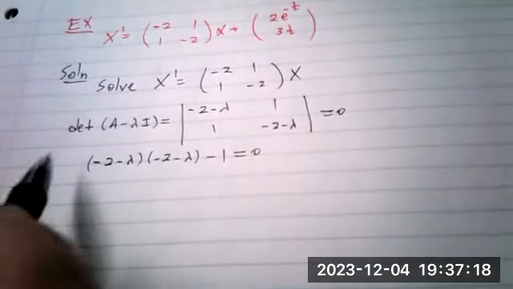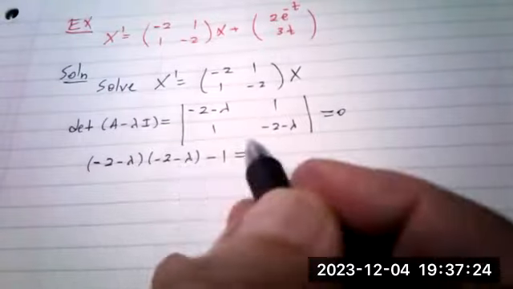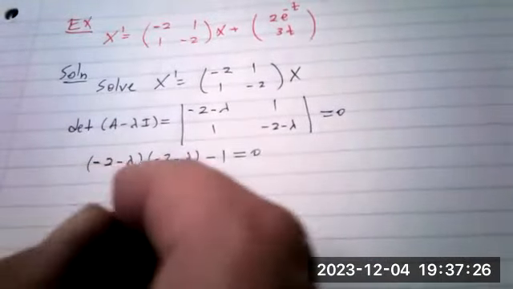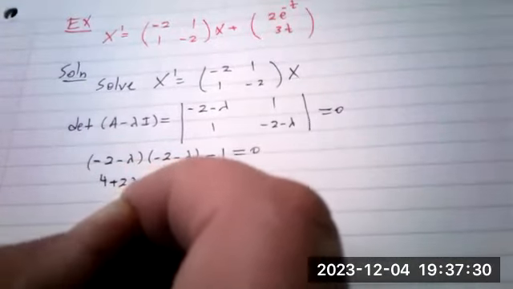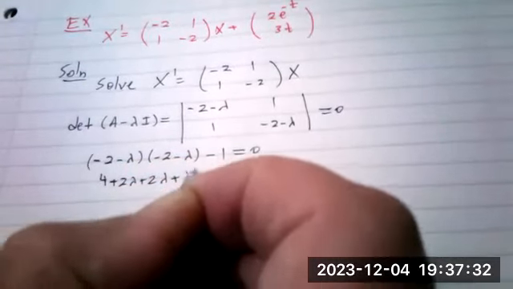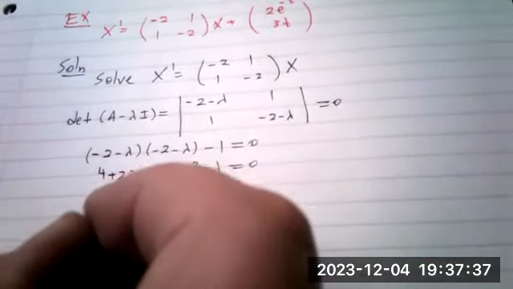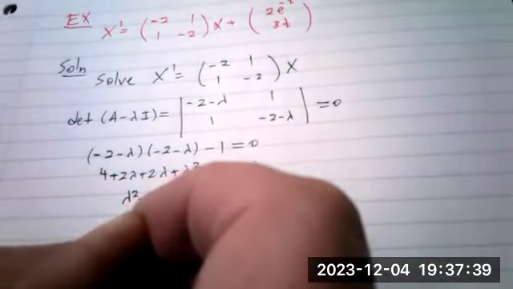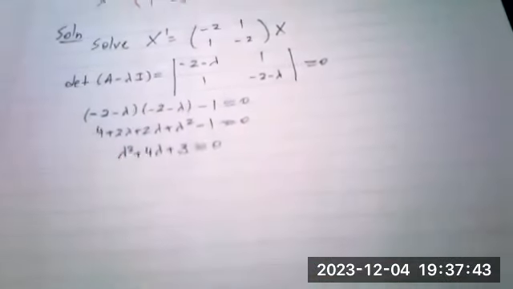You can FOIL it or just factor. It's going to be negative 2 minus lambda squared, really. Or you can FOIL it, doesn't matter. So it's going to be 4 plus 2 lambda plus 2 lambda plus lambda squared minus 1. So the equation is lambda squared plus 4 lambda plus 3 equal to 0.